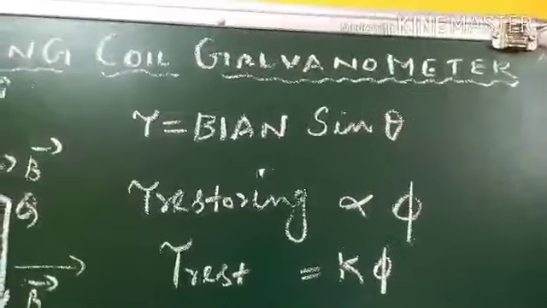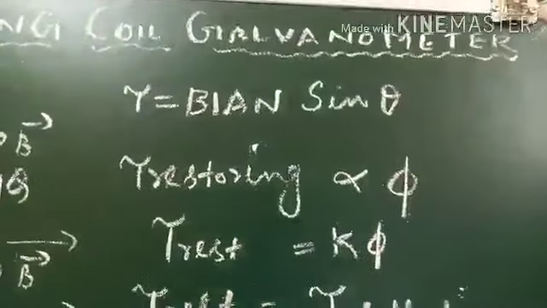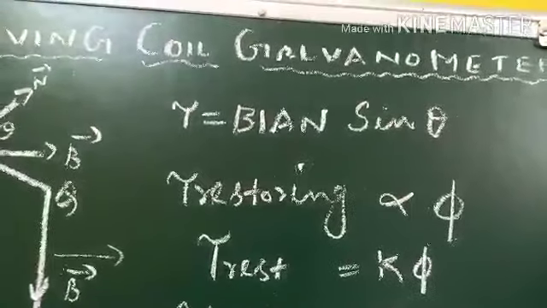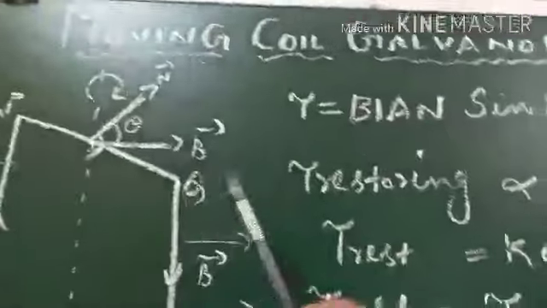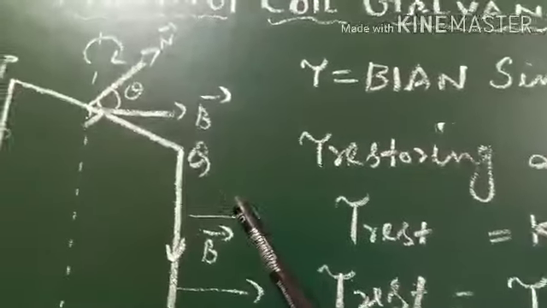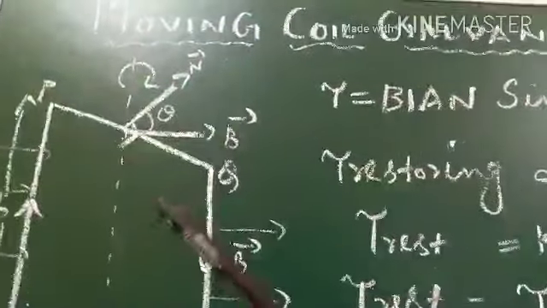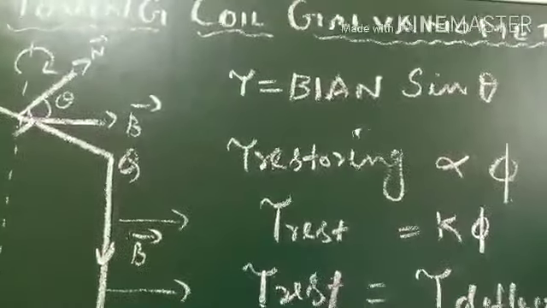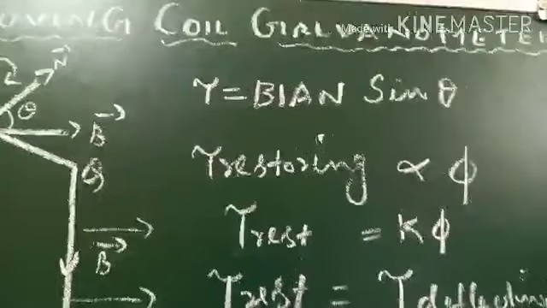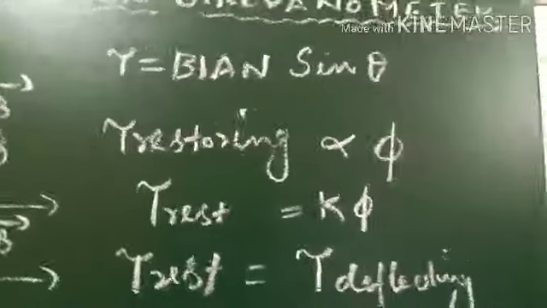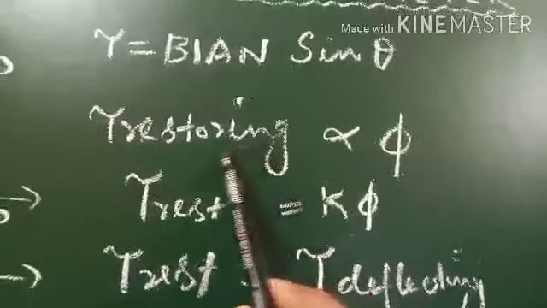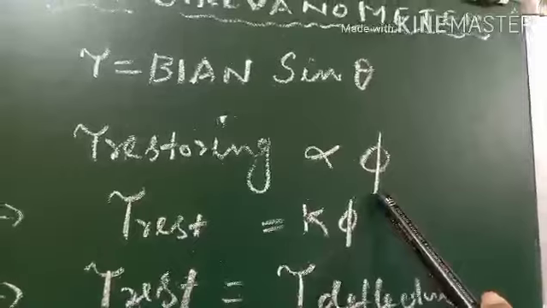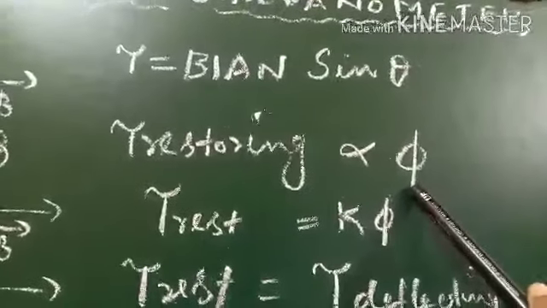Now this torque deflects the coil through an angle, let it be phi. When the coil is deflected, remember that construction part, the two hair springs are there. So a restoring torque is set up in the coil due to the elasticity of the spring, such that the restoring torque produced is directly proportional to phi, the angle of deflection.